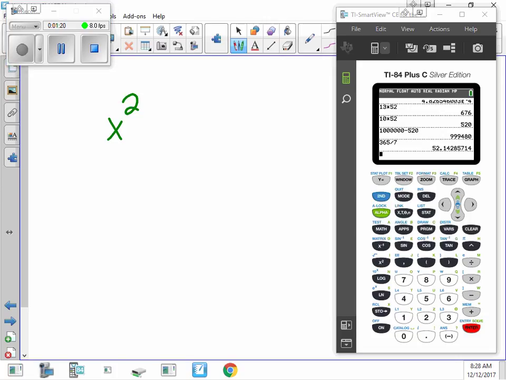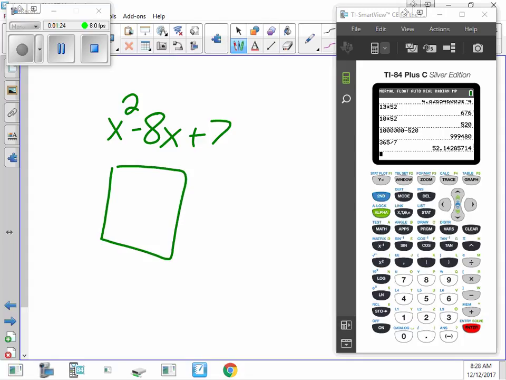For instance, x squared minus 8x plus 7. We put x squared in the box and 7. We multiply those together, and I get 7x squared. Are there factors of 7 that add to be negative 8? Negative 7 and negative 1.